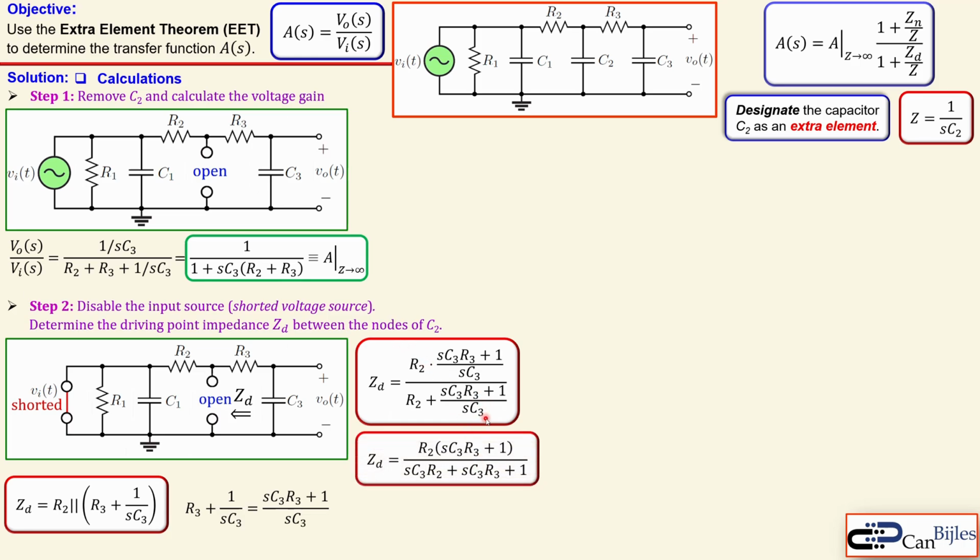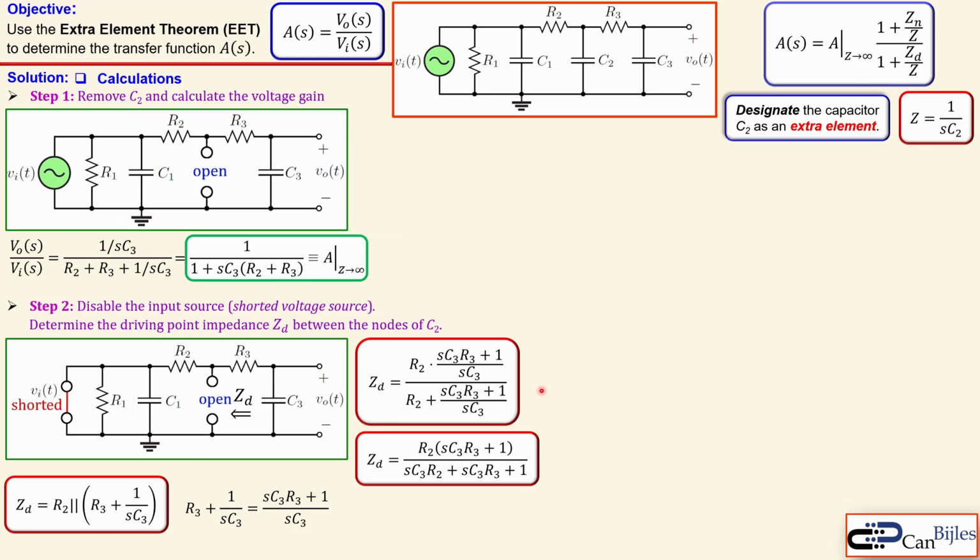We can continue by simplifying this expression. So you can multiply the numerator by SC3 and also the denominator. And then you get actually R2 times this one in the parentheses, divided by SC3 times R2 plus SC3R3 plus 1. That's actually what you see here.